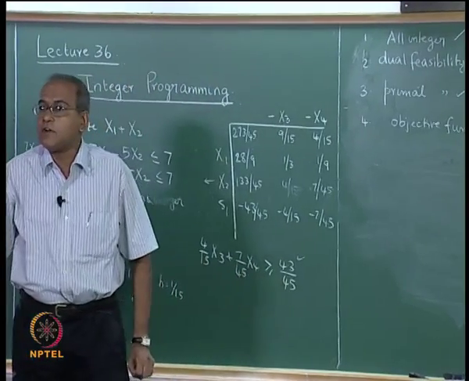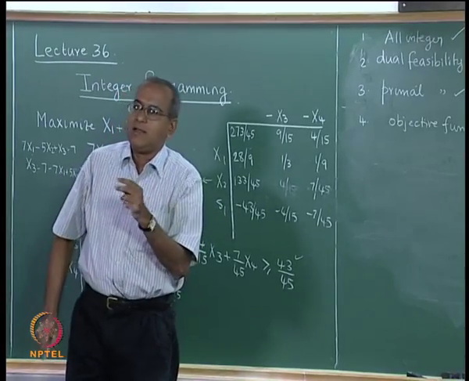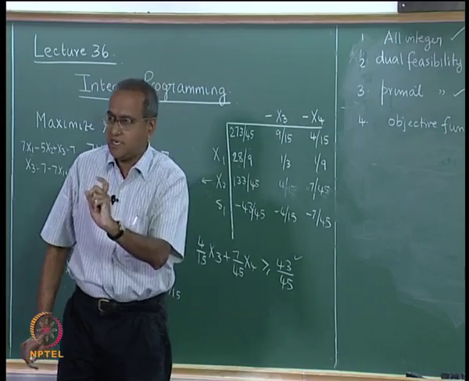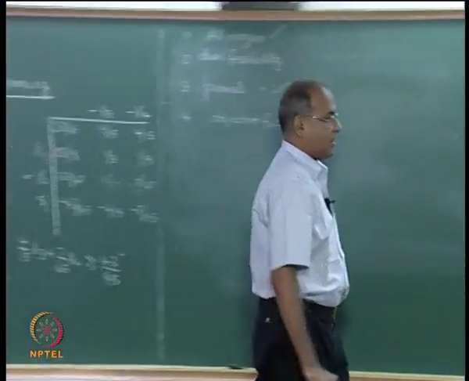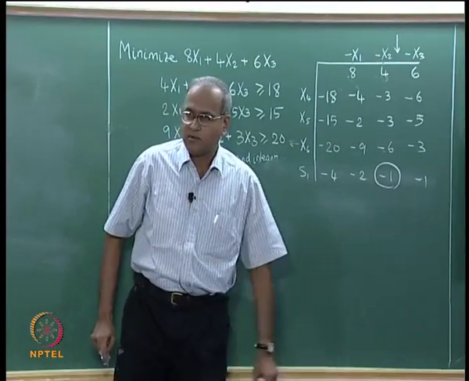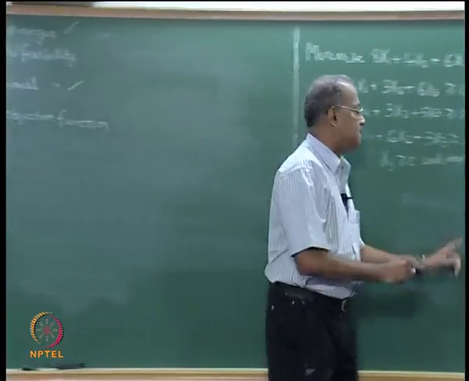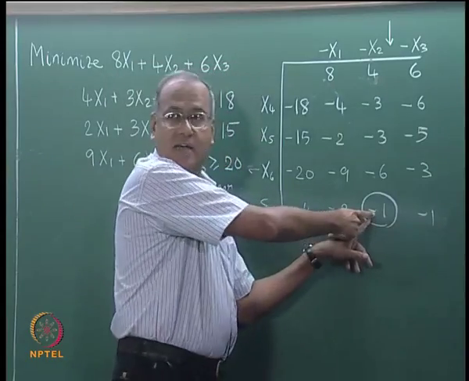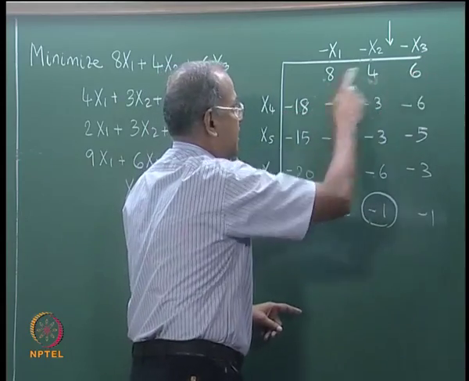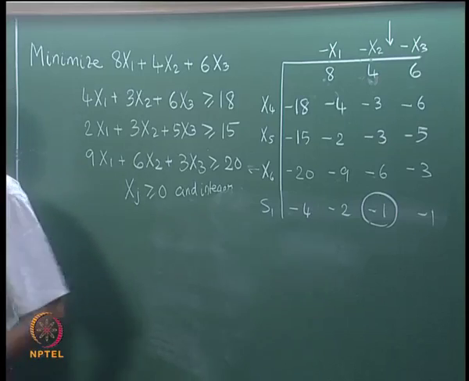So now we have to do a few things. We also need a pivot equal to -1, and then we have to find out that h. In this case h is equal to 1 by 6, such that I get a pivot equal to -1, plus I have to maintain dual feasibility. Now this -1 at the moment gave us feasibility here. It has not ensured the feasibility of this and this in the next iteration.